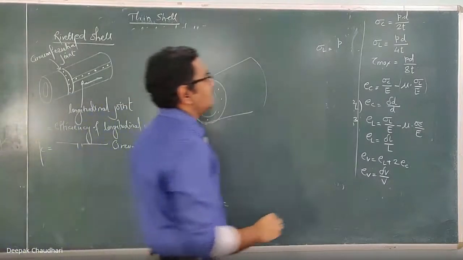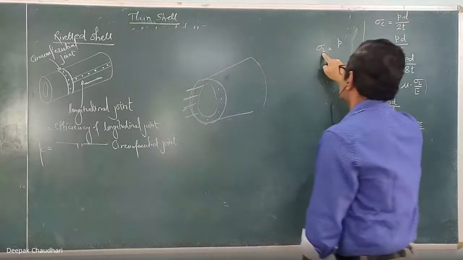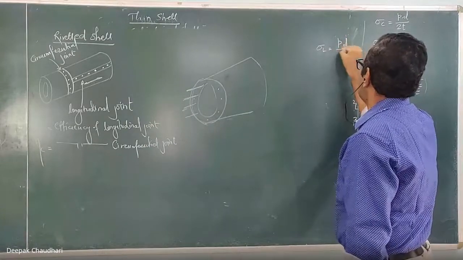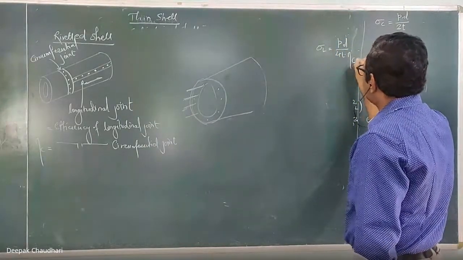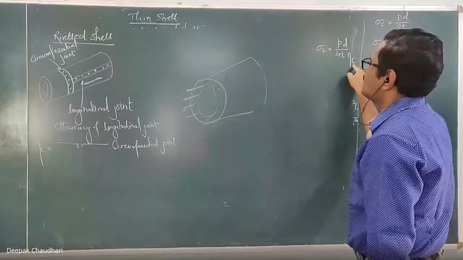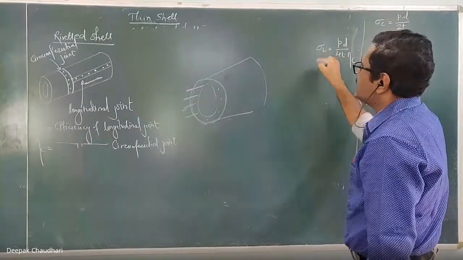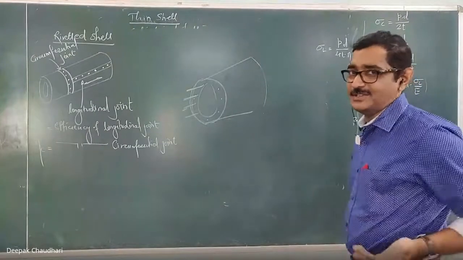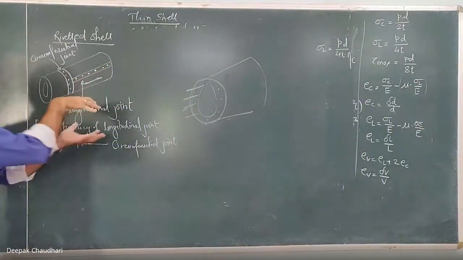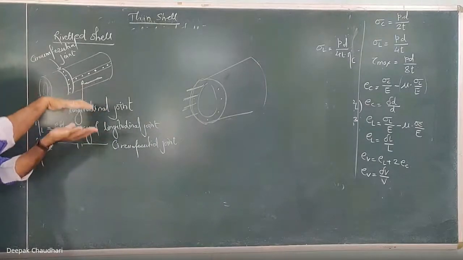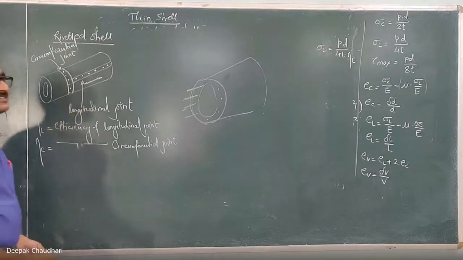So in that case, this longitudinal stress is given by PD upon 4T into the efficiency of the circumferential joint, because when a circumferential joint is there, the strength along the longitudinal direction is reduced. Similarly, because of the longitudinal joint, the circumferential efficiency gets reduced.